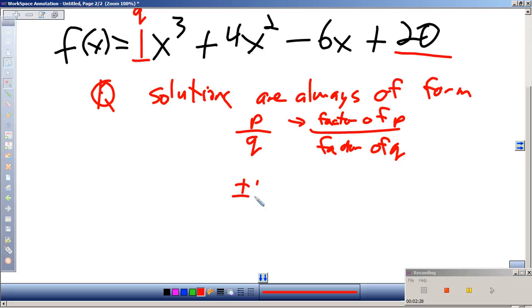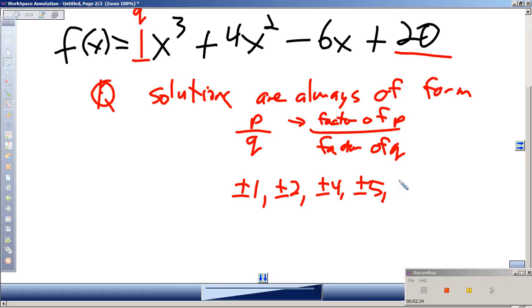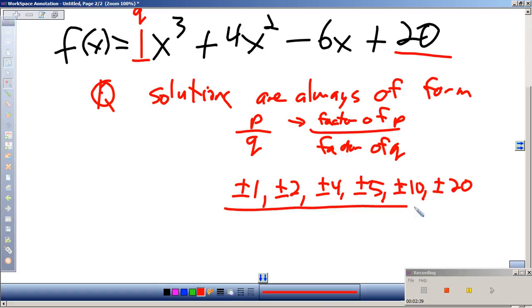Okay, so 1, 2, 4, and what are all the factors that go into 1? They have plus or minus 1.